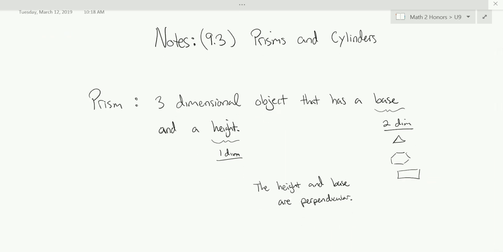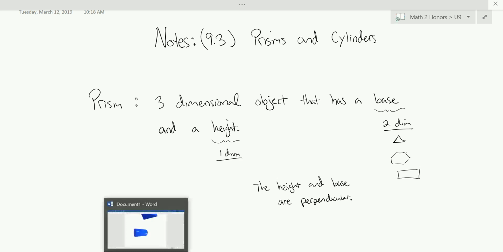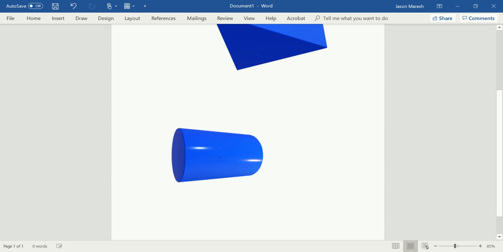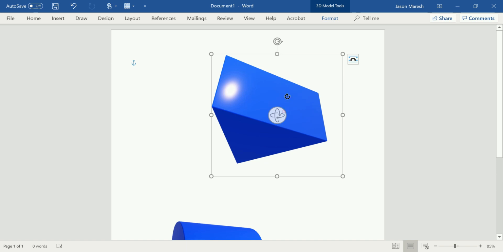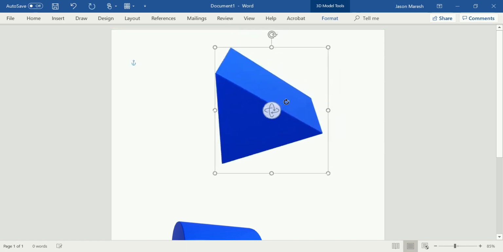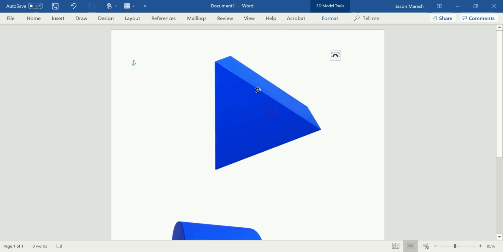So let me show you an example. Here, I'm going to switch over to Word and just manipulate a prism for you and help you see what I mean by base and height. I'll come back to the notes in a second here. Okay. So here's a prism, and I think I can move this thing around a little bit.